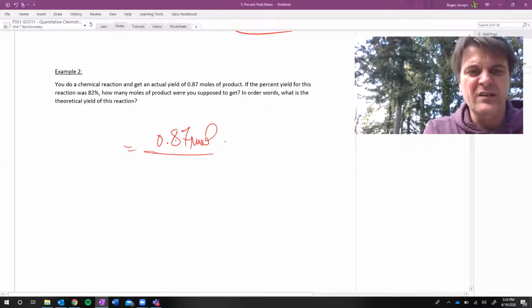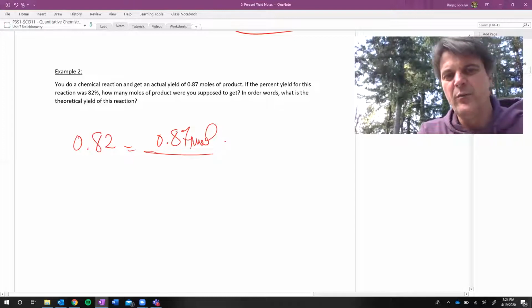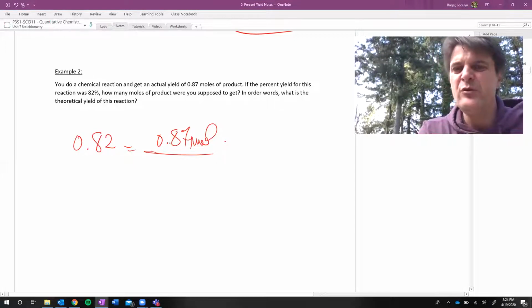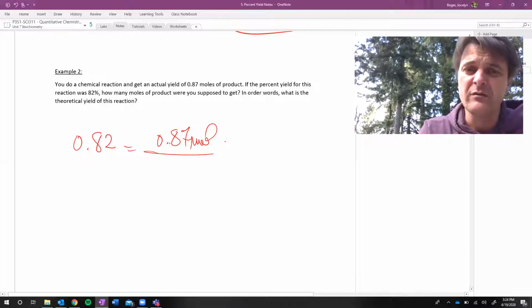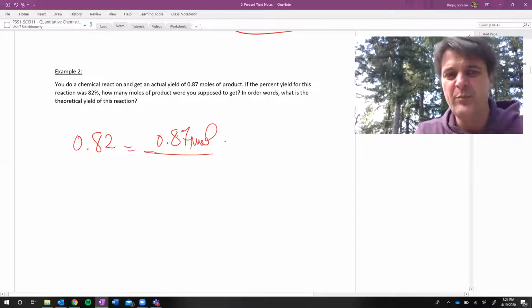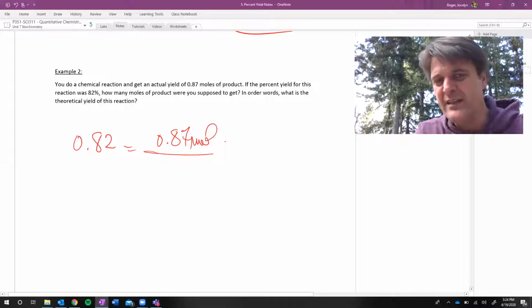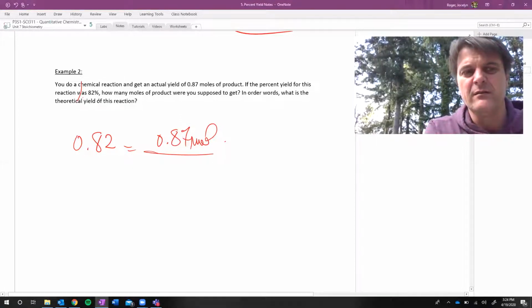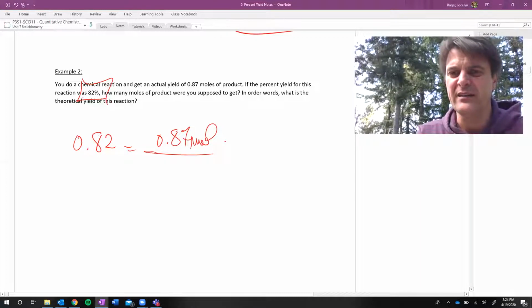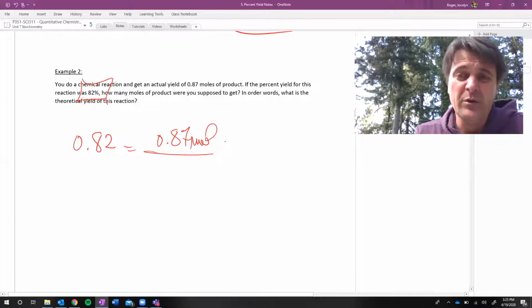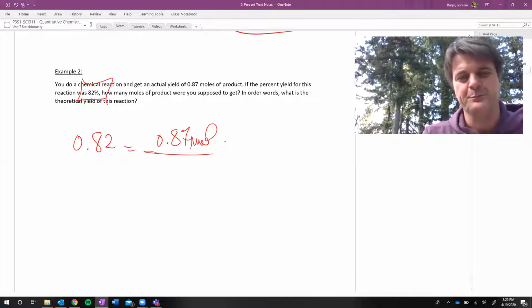So this amount, 0.87, is 82% of what amount, right? So 0.87 moles was 82% of what you could have collected, and they want to know how much it is that you could have collected.